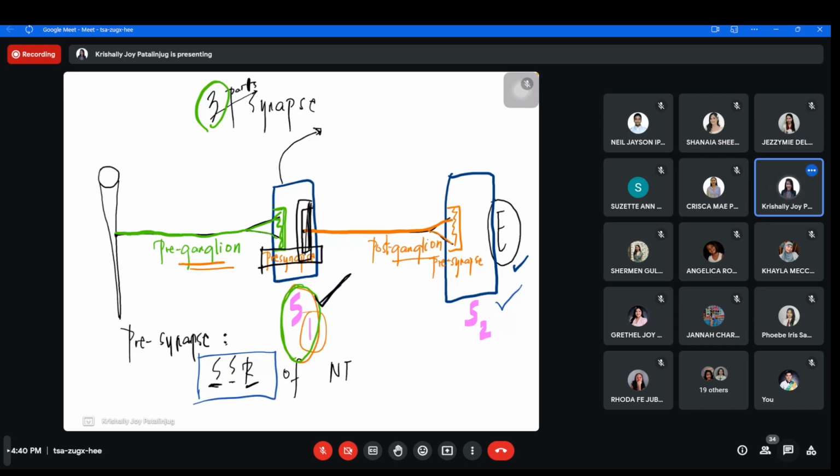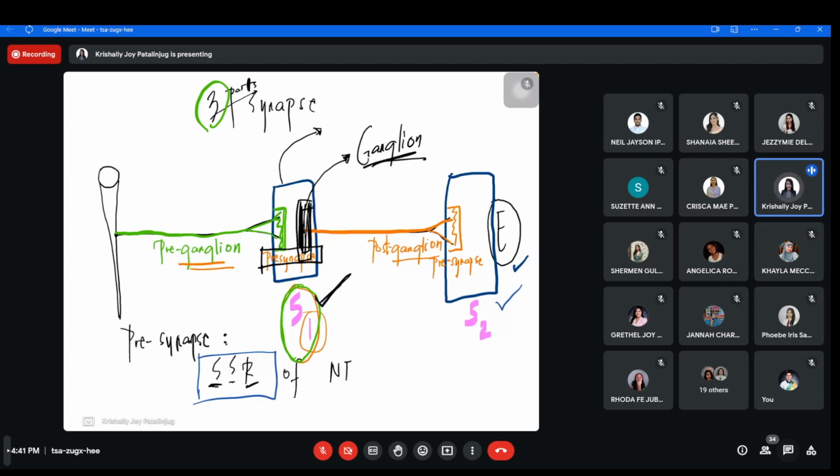So parang itong portion na to. And recall that we label that as ganglion.